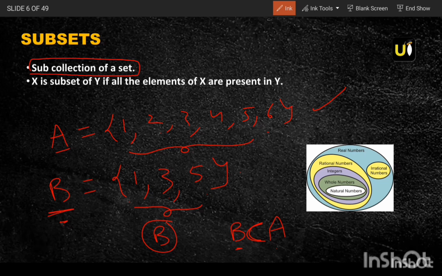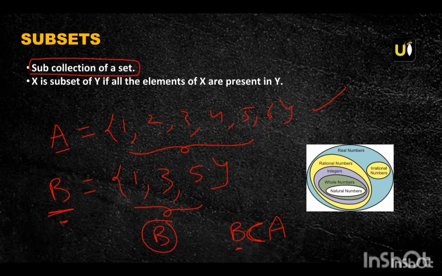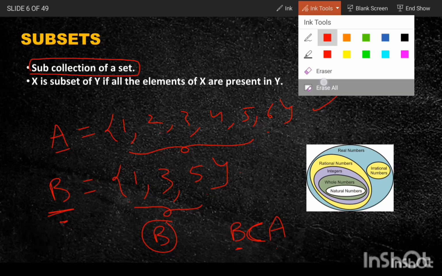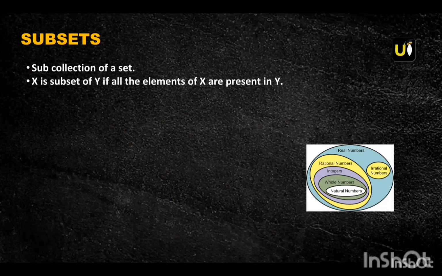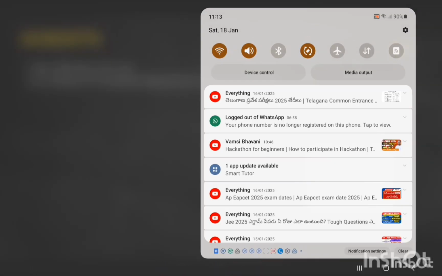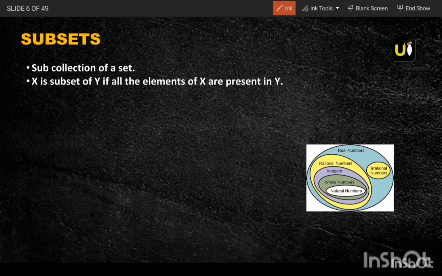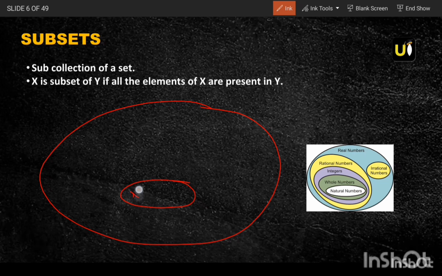So here we are given a diagram. Let's look into this. Here the set of real numbers is given. Natural numbers are a subset because all the natural numbers are real numbers, and whole numbers are also a subset of real numbers.